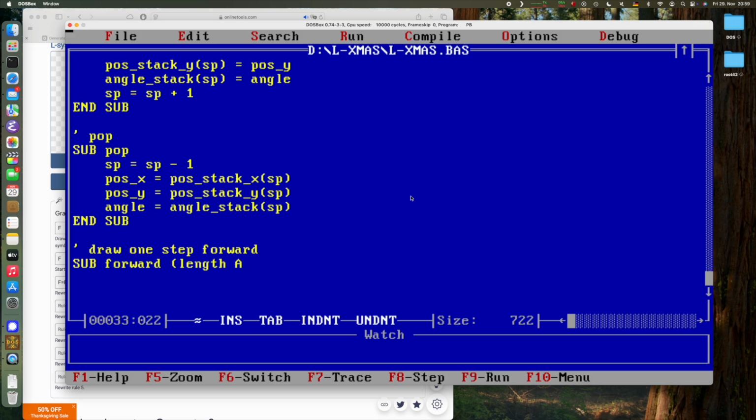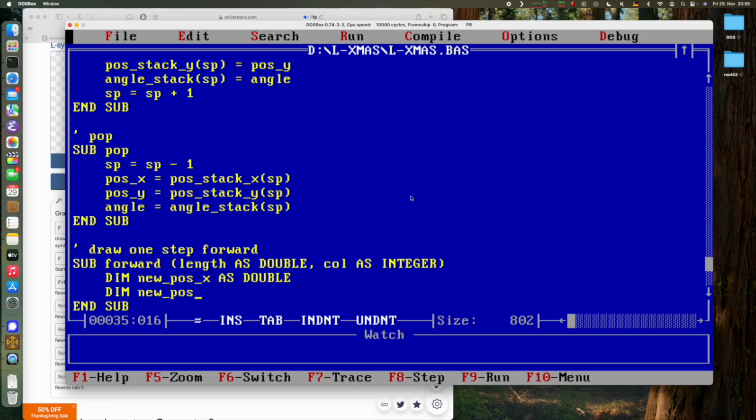This needs the length as a double and the color as an integer. And what we're doing here, I like to declare all the variables even if it's not needed. We will have a new x position, which is a double, and a new y position, also double.